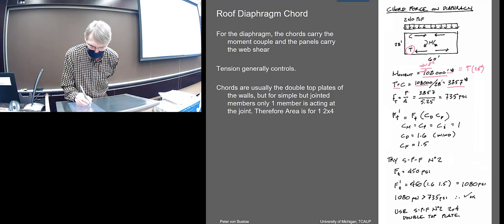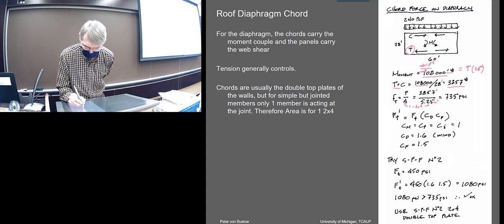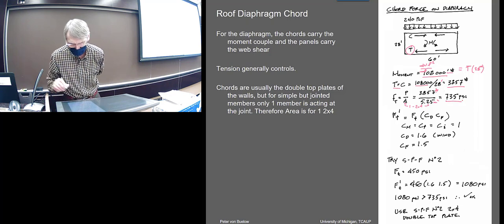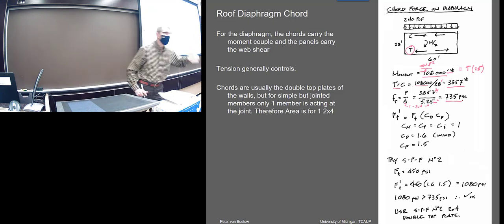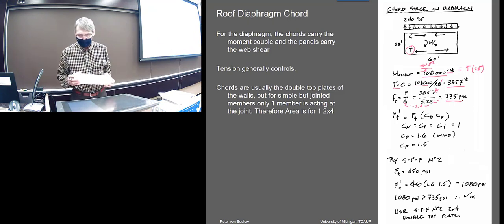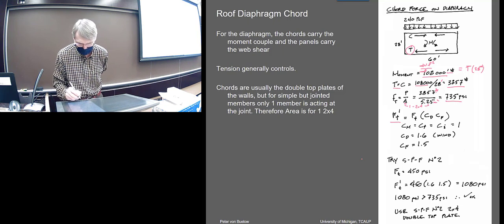Then that is simply P over A, but the A is one 2x4, so inches squared and pounds, and we come out with psi. So there's the actual stress on one 2x4. It's got 735 psi on it. Now you just have to check that with the NDS and make sure it's going to come out allowable.